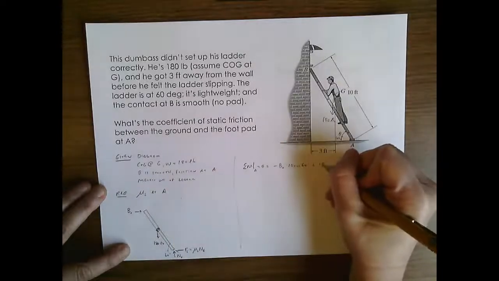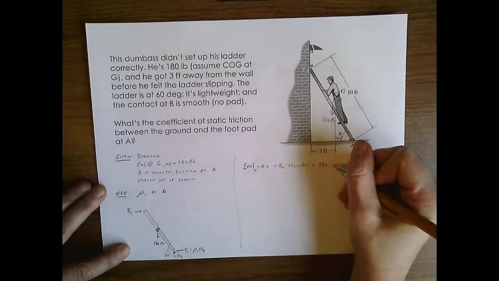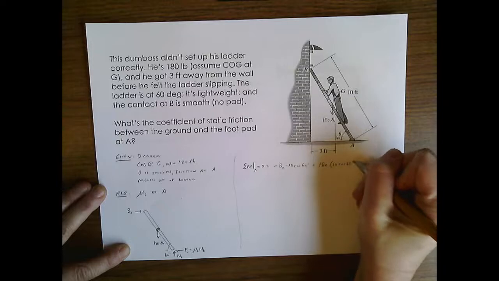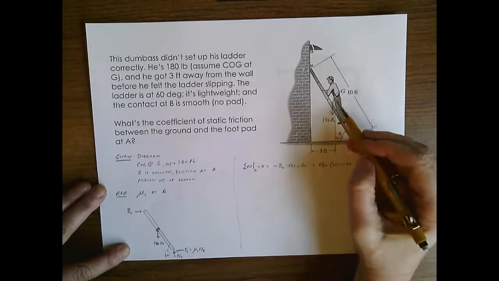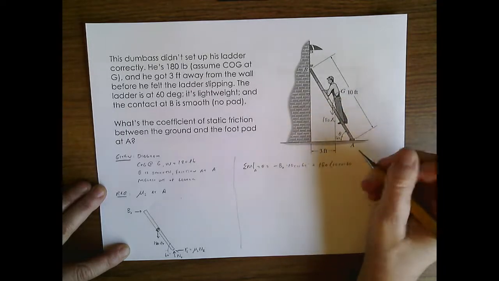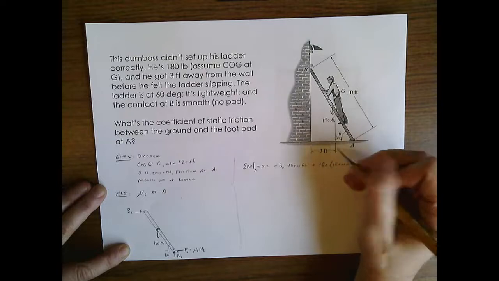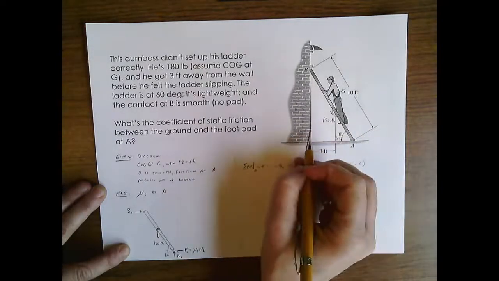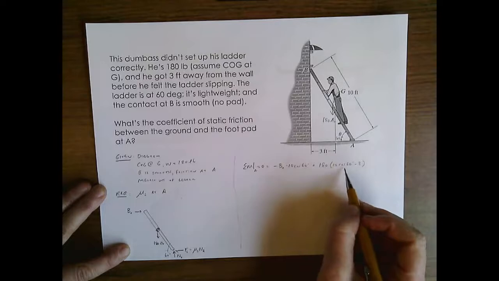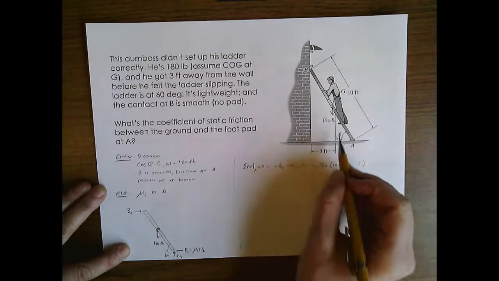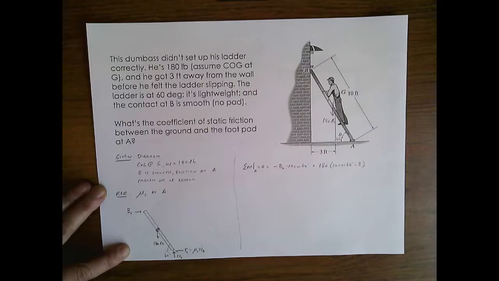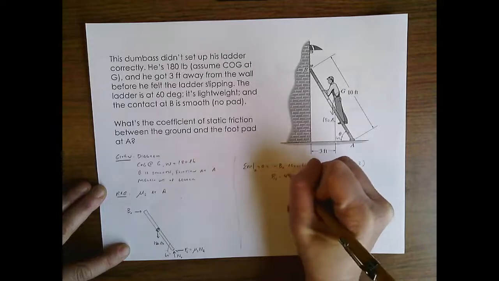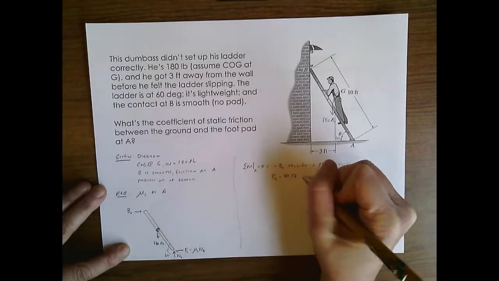It's going to give me a positive moment, that weight, 180 times 10 cosine 60 degrees minus, this is basically going to be at 3 feet from the wall, right? Okay, so 10 cosine 60 minus 3 should put me right at that center. Okay, if I solve this, I get Bx is equal to 41.57 pounds.